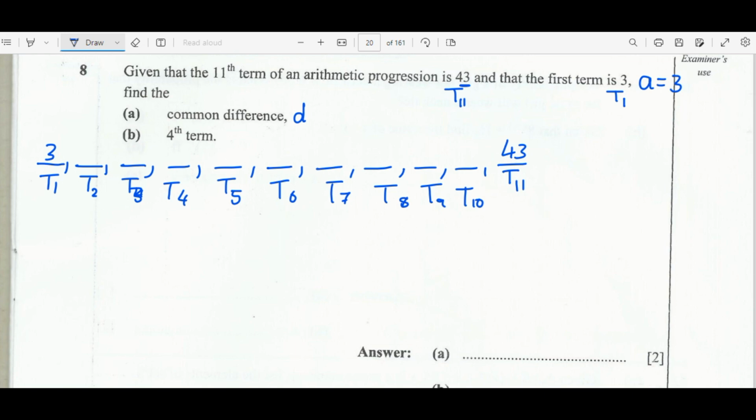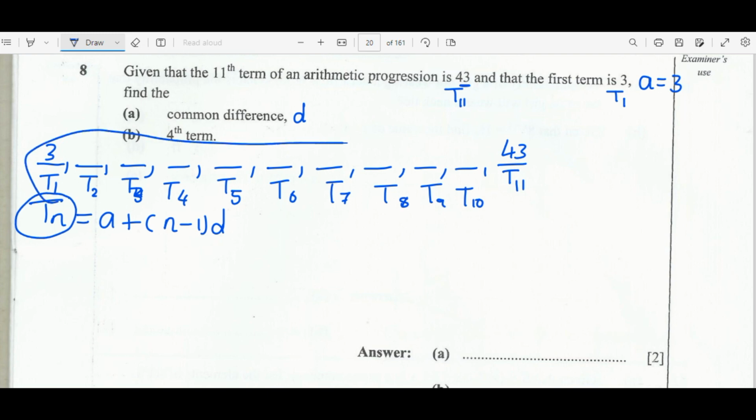The formula is Tn is equal to a plus n minus 1 multiplied by the common difference. The Tn here, you need to substitute with the last number in your sequence. So you're going to put 43 here, then a is our first number, which is 3, plus n represents the number of terms. In our case, we are dealing with 11 terms, so we'll say 11 minus 1 multiplied by d.